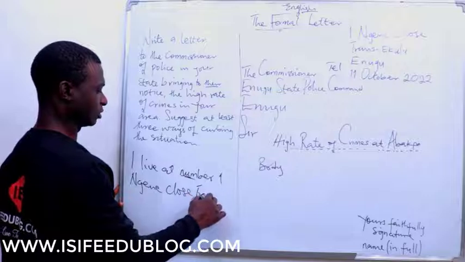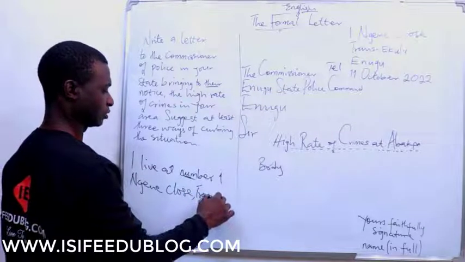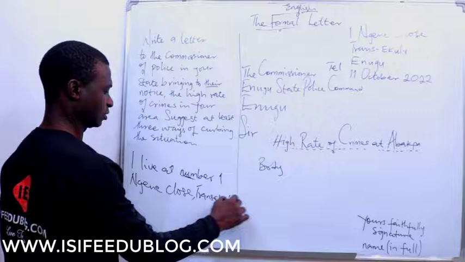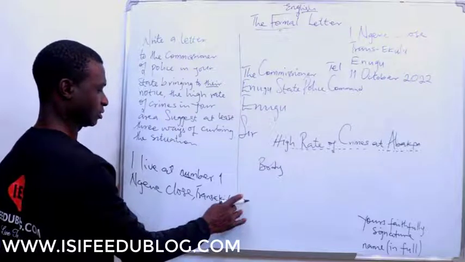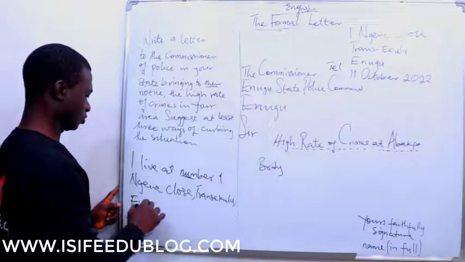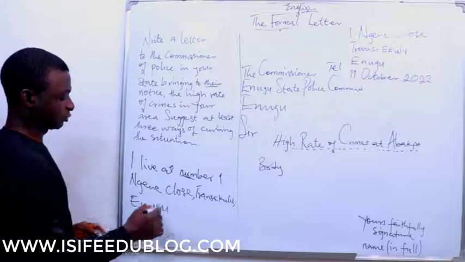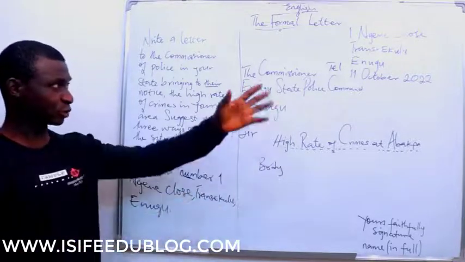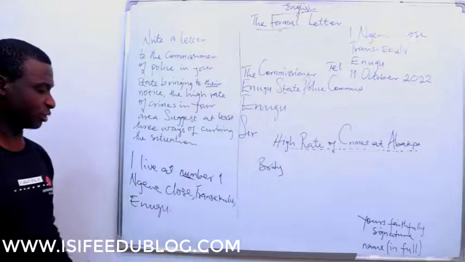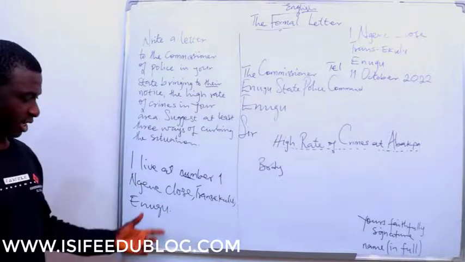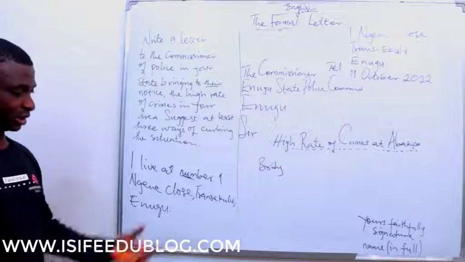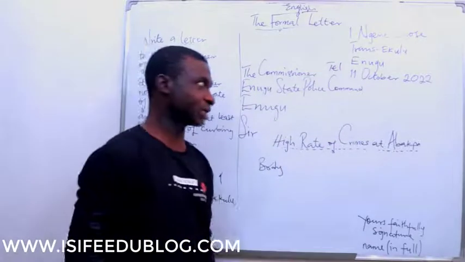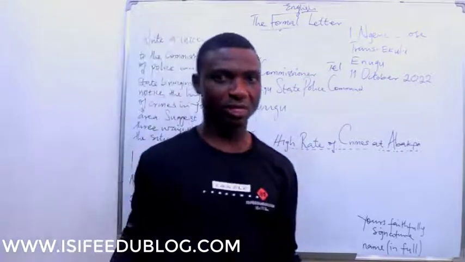Transekulu, Enugu. Alright, full stop. This is a sentence. So the commas serve that purpose of breaking each section of the address. And so in a situation like this, the commas are needed. But where it is written like this, there is no need for it. Alright?